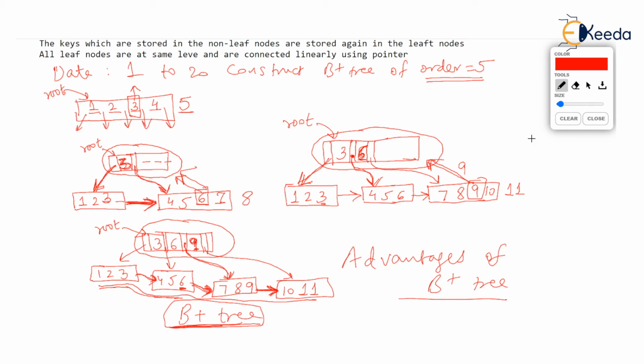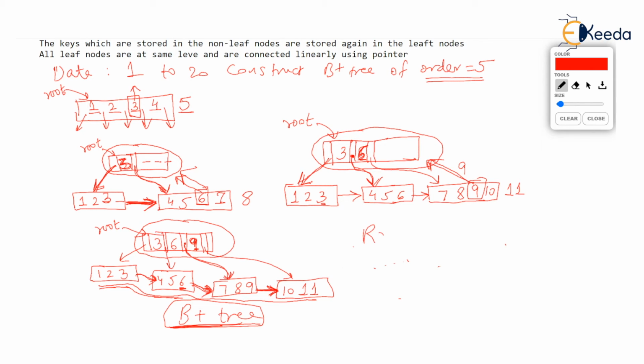Those who have learned DBMS, although this subject is coming up in your GATE course, but those who have learned DBMS, maybe in the earlier semesters of engineering, know that there is something called range query in DBMS.